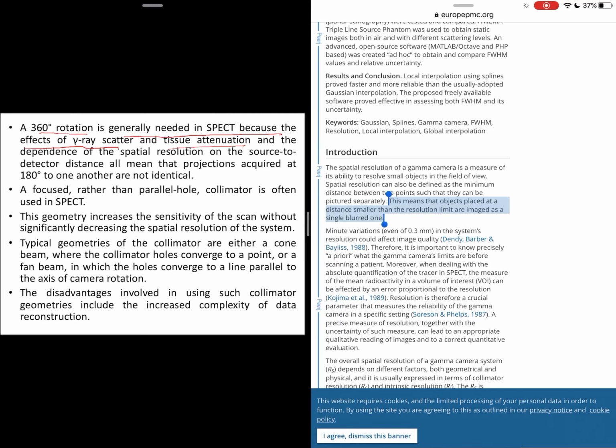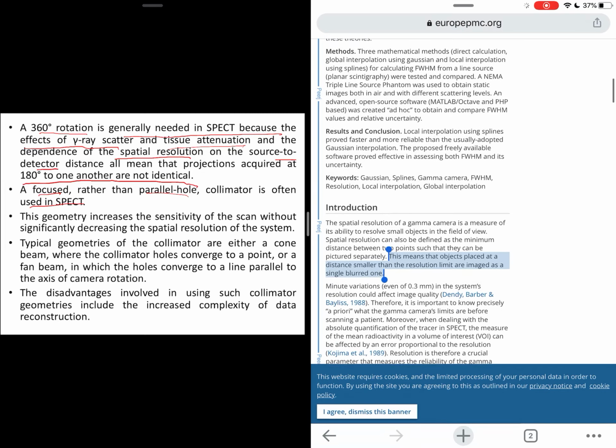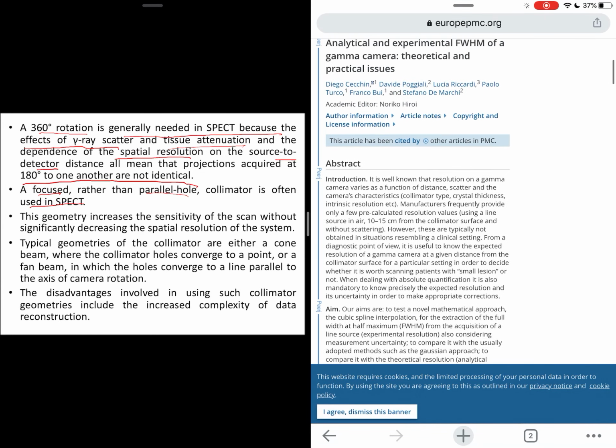A 360 degree rotation is generally needed in SPECT because the effects of gamma ray scatter and tissue attenuation, and the dependence of the spatial resolution on the source to detector distance, all mean that projections acquired at 180 degrees to one another are not identical.